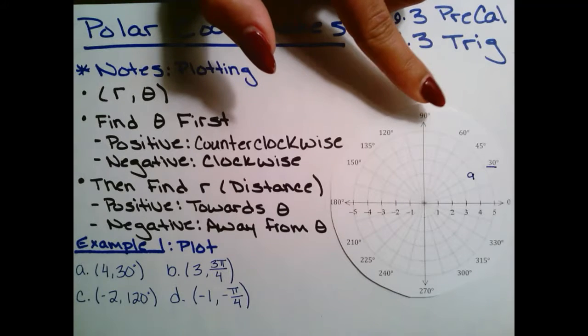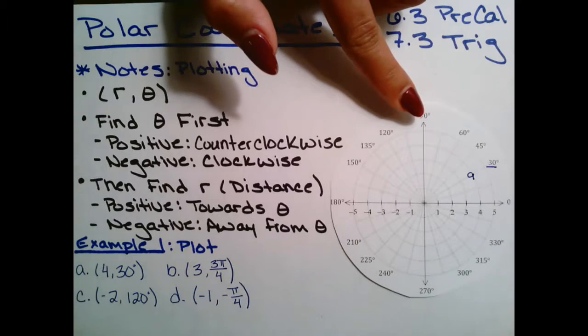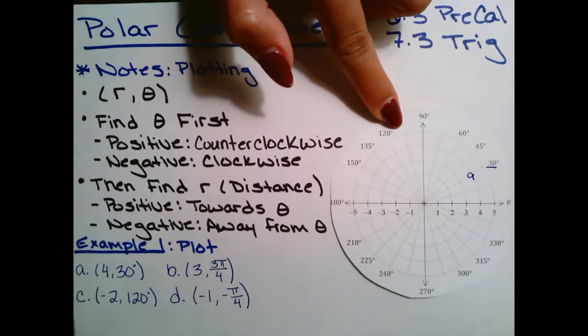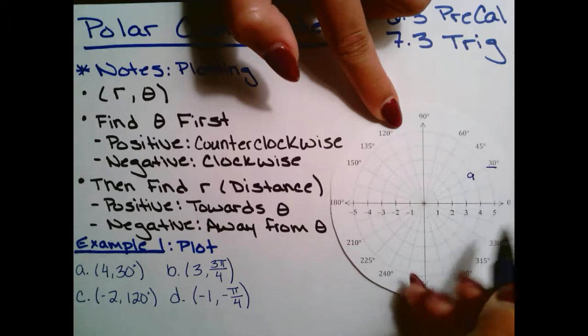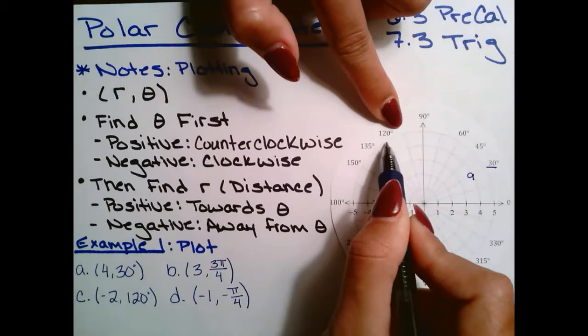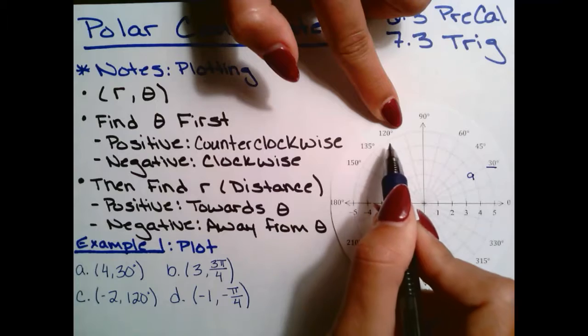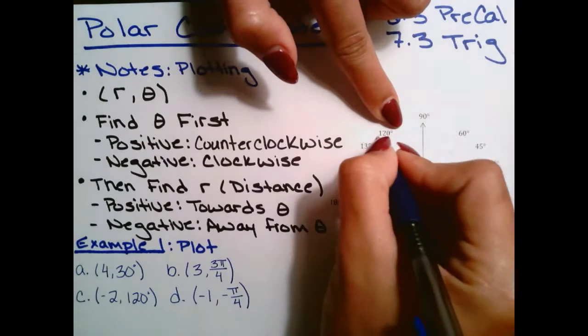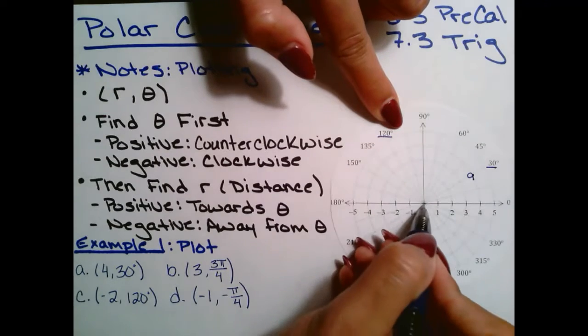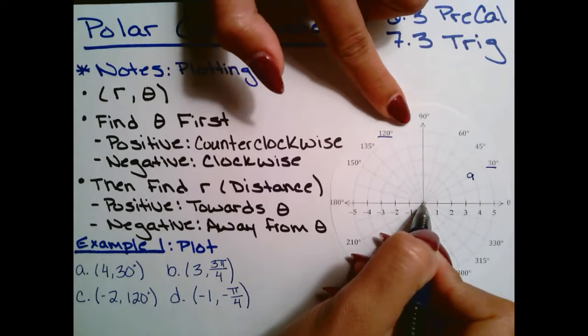I'm going to jump over to C before we go into the radian measurements. So C says negative 2, 120 degrees. I would start out by looking at 120 degrees, which is right over here. And then it says to go negative 2 rings. So I always start here at the center.